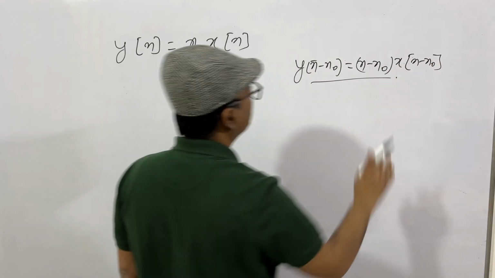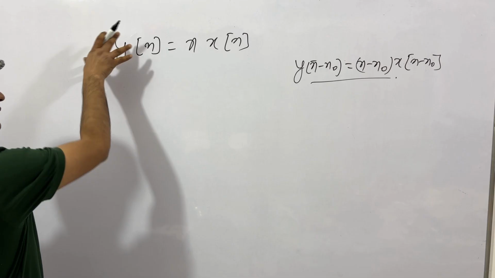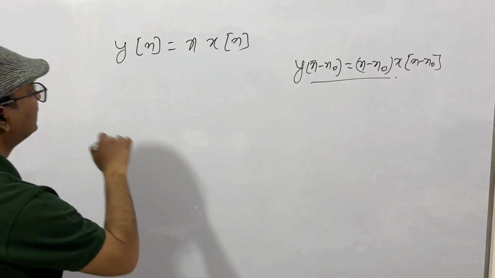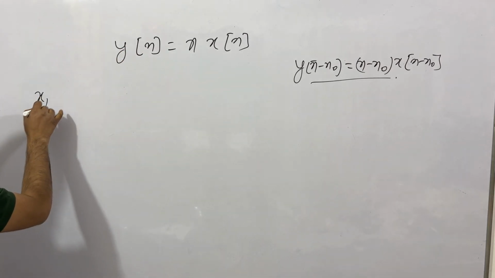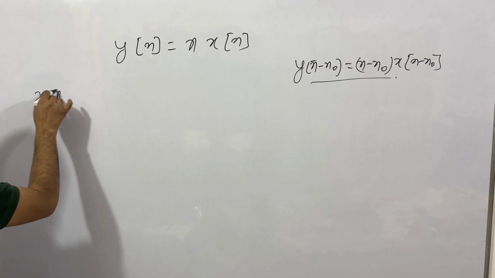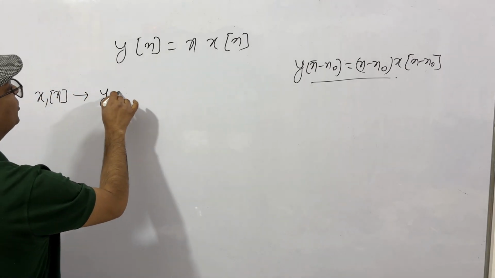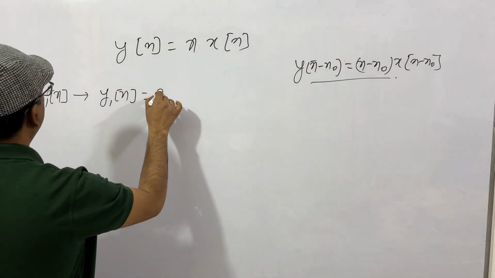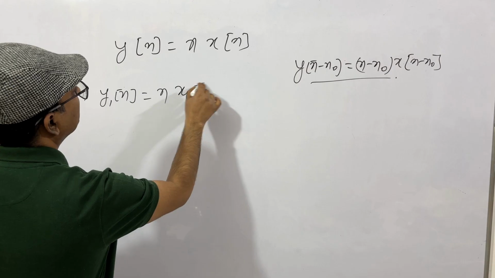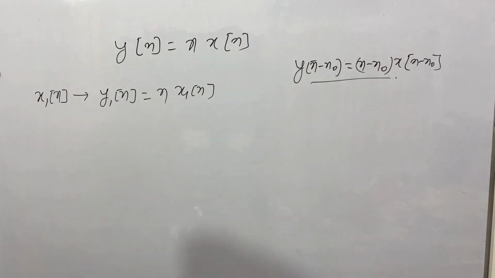This is from the basic definition. Now let's take it differently. Let's take x1[n] as the input. What will be your output? Your output will be n into x1[n]. Any doubt? No.